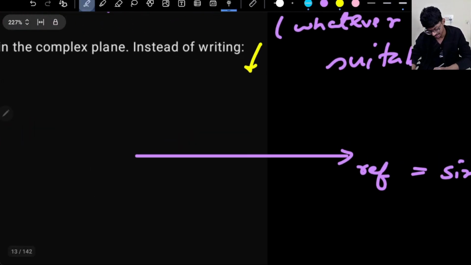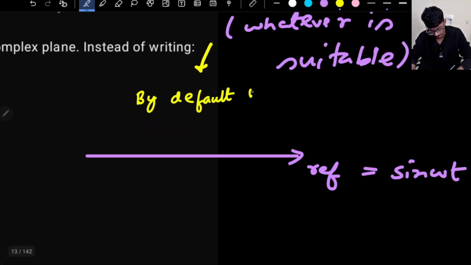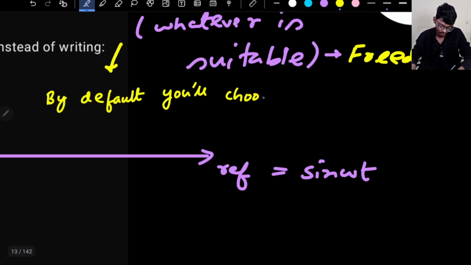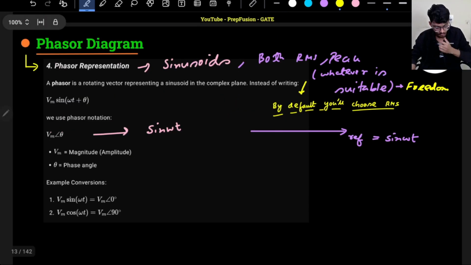So if nothing is mentioned, by default, you will choose RMS. That is the most important part.